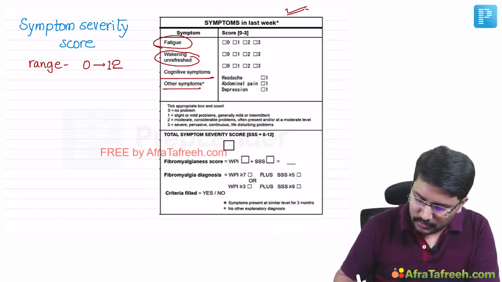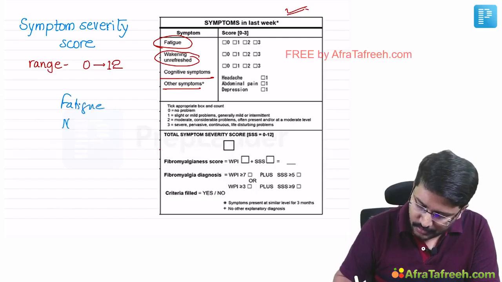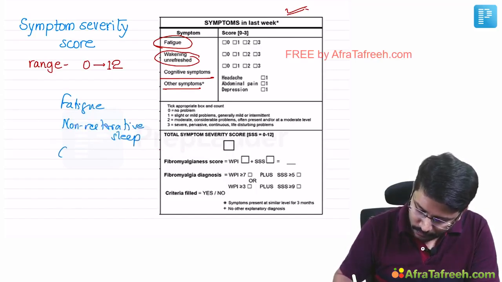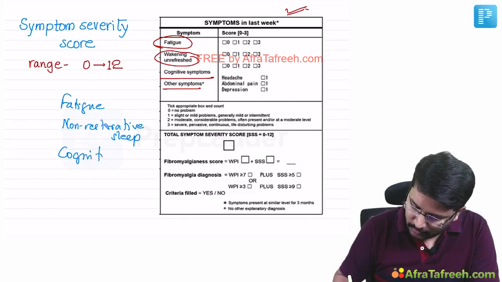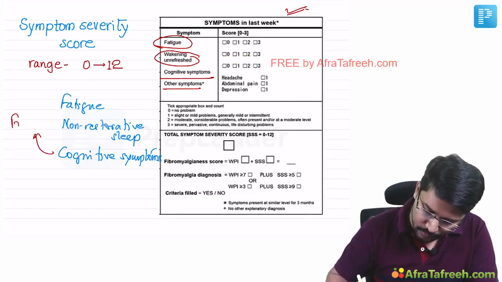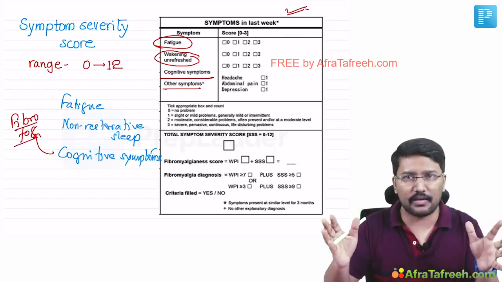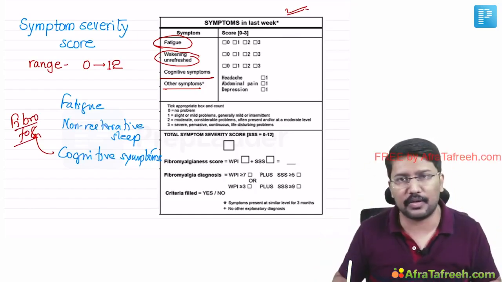So the components of this include fatigue, non-restorative sleep, cognitive symptoms, right? And when I talk about cognitive symptoms, I should also tell you that there is a term called fibrofog. That is nothing but a description for fog, like blurring of senses, something like that.